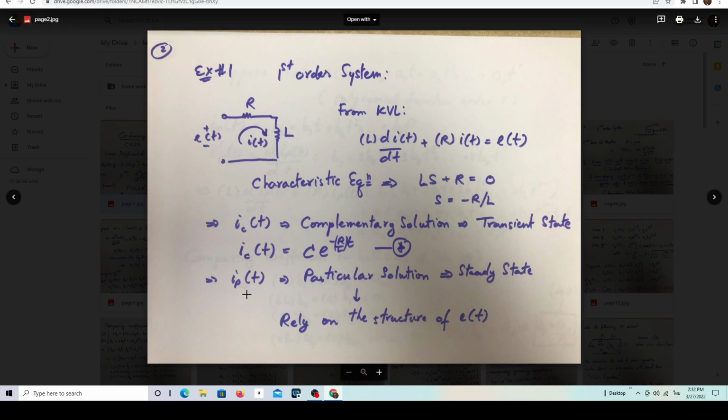But I_p(t) is the general solution for I(t) when you study the direct effect of the right hand side function. So the particular solution has to rely on the structure, the type of E(t) that it looks like.